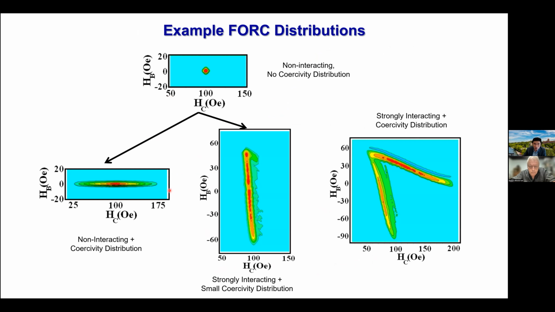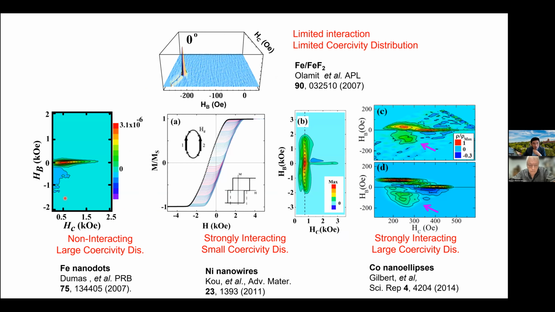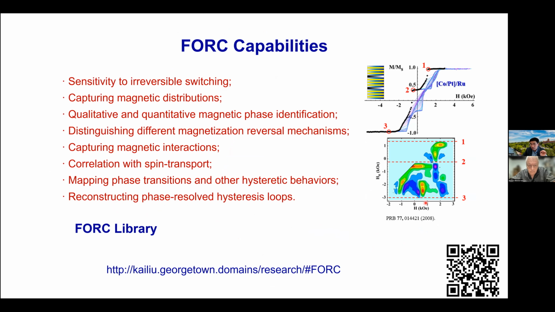So for example, when we are trying to illustrate distributions, it's easier to see it in coercivity and bias field. But in some other cases, when we try to probe, particularly, for example, in this figure from this paper, where we're trying to see where we have irreversible switching, it's actually easier to see it in applied field and reversal field coordinates.